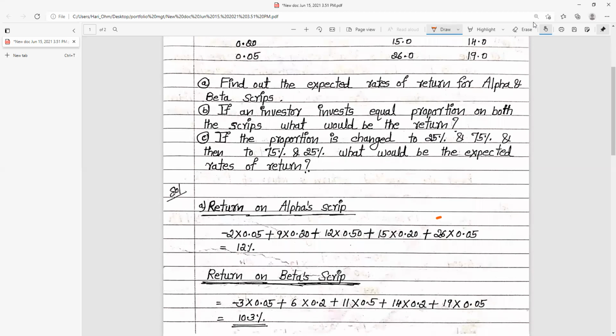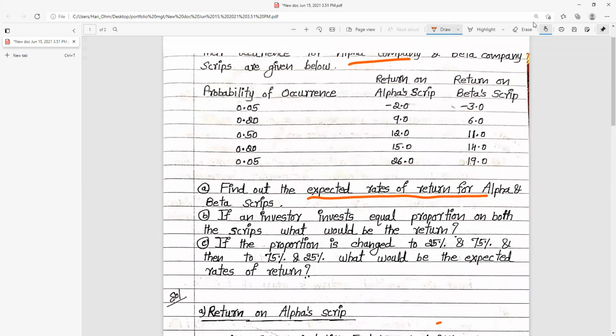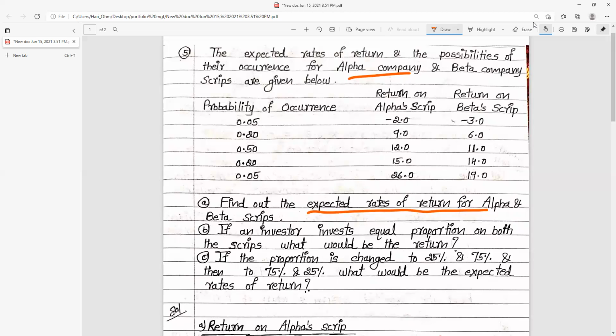First question. Find out the expected rates of return for alpha and beta scripts. How do you calculate expected rate of return? Probability into return.